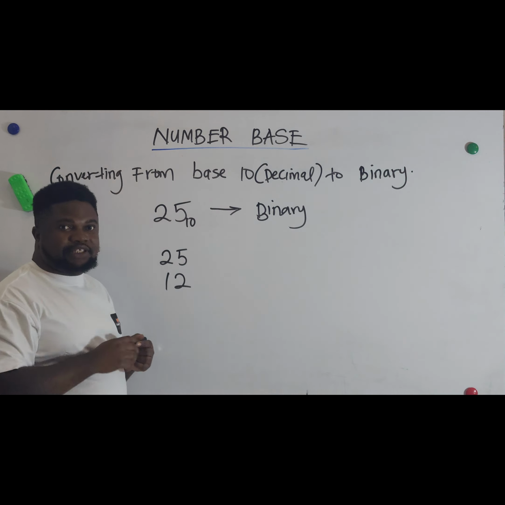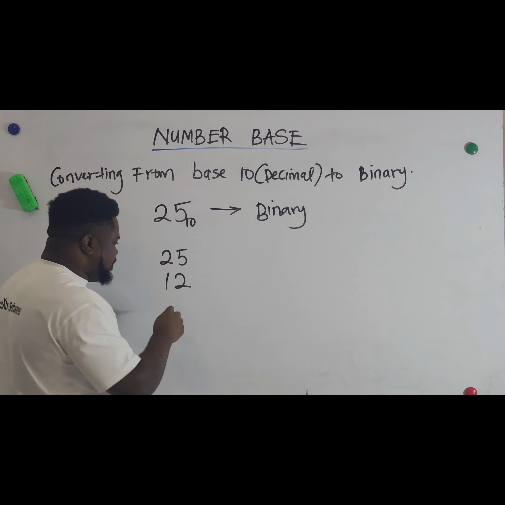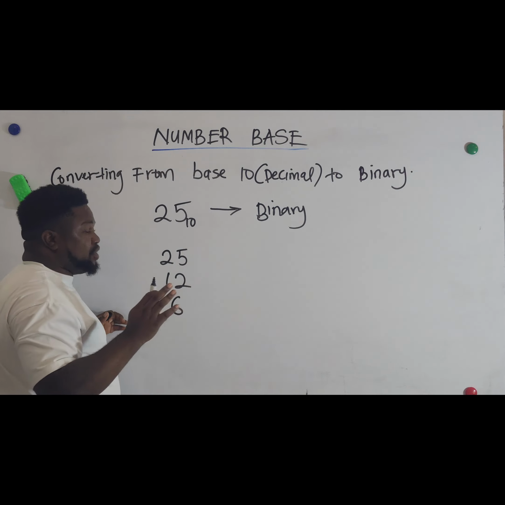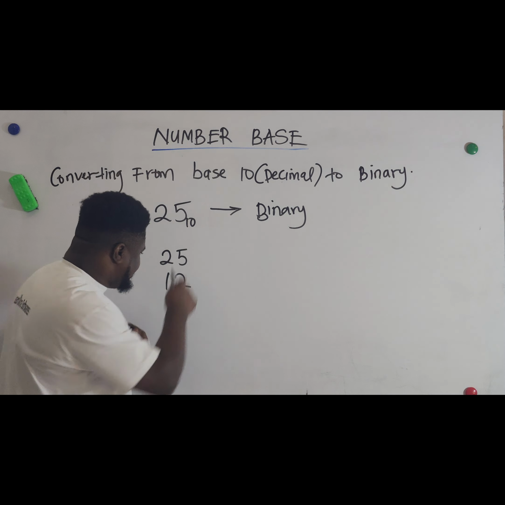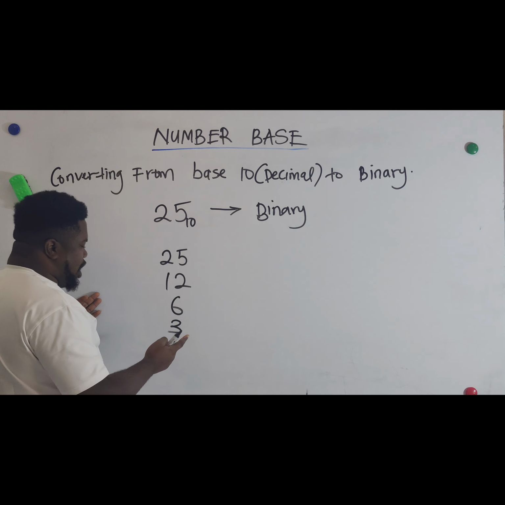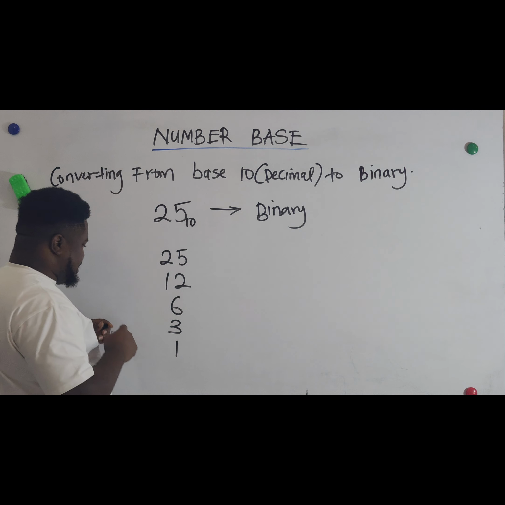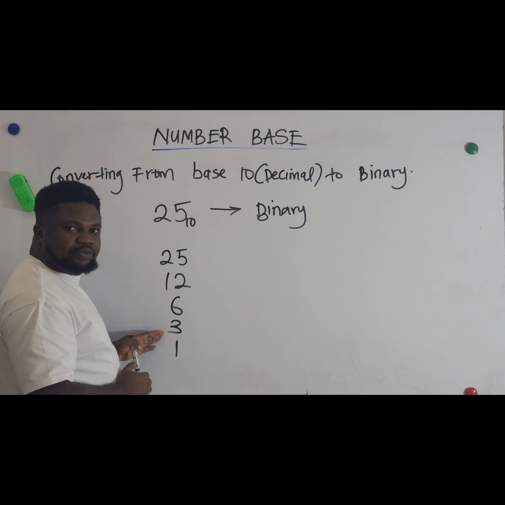Like I said, throw away the remainder. 12 by 2, 6. The remainder does not concern us. 6 by 2, 3. 3 by 2, 1. And that's it. When you reach 1, you stop.